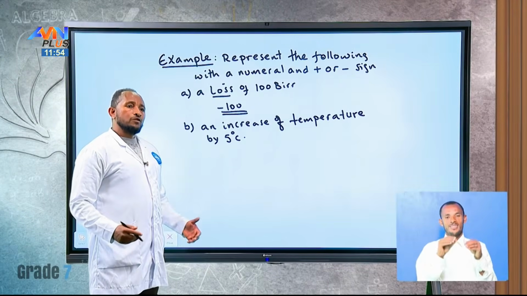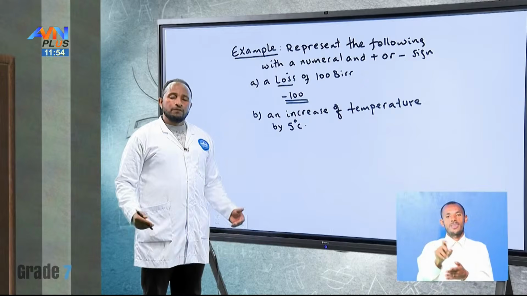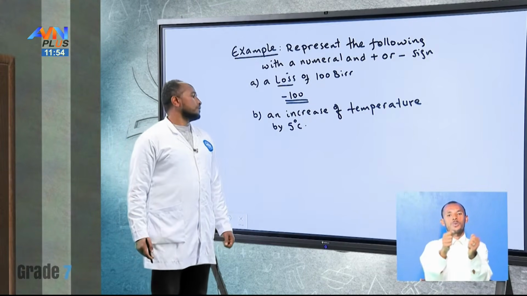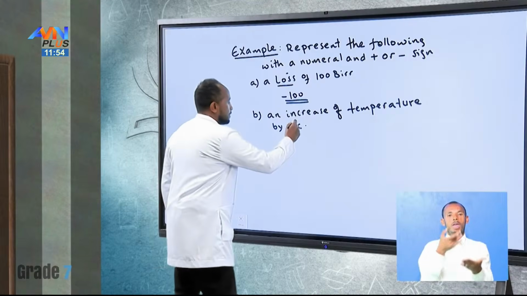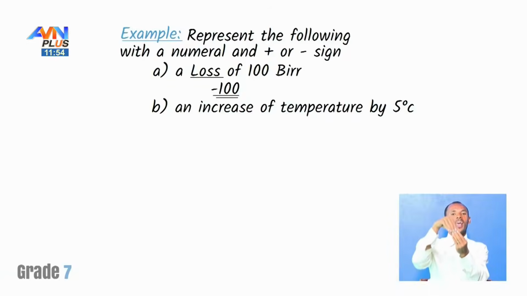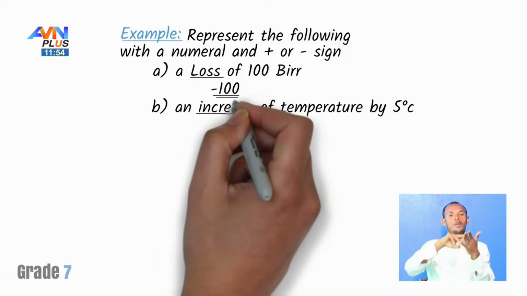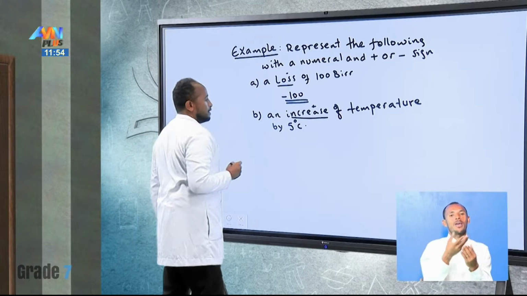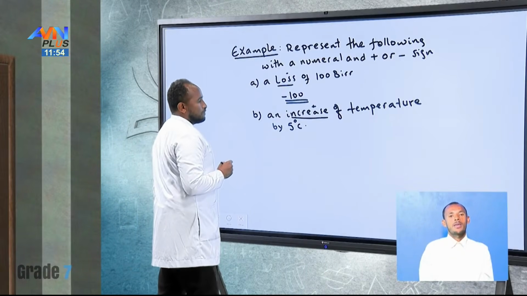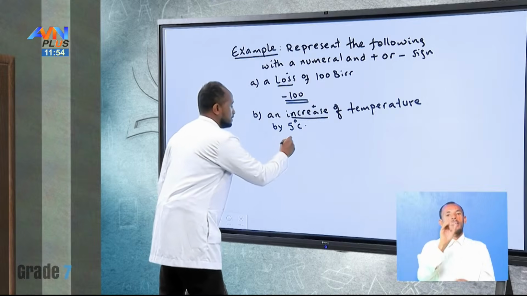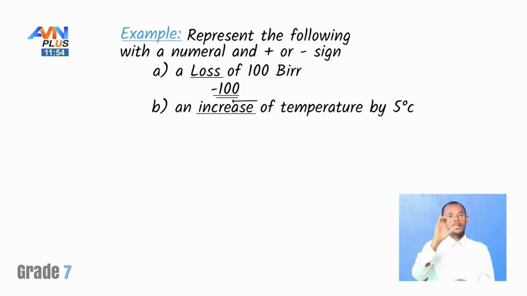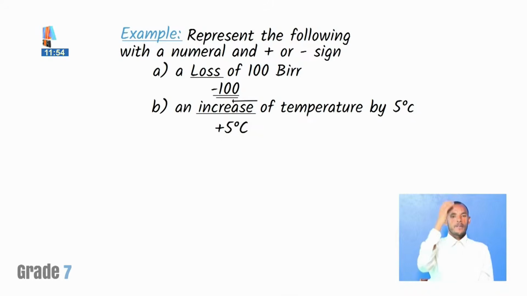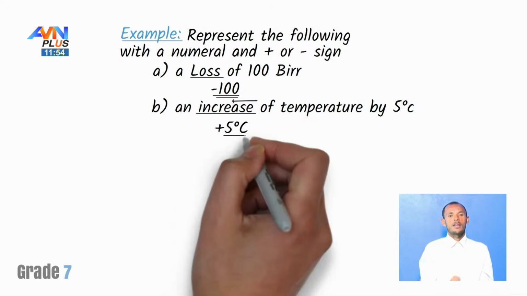Students, have you tried the question? Very good. Now let's see the answer together. Here, increase means it is positive. Therefore, increase of temperature by 5 degrees centigrade is represented by plus 5 degree centigrade. This will be the answer.